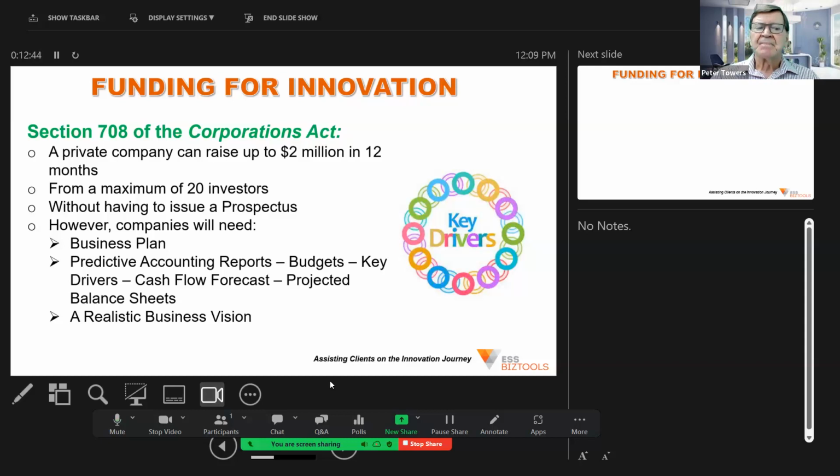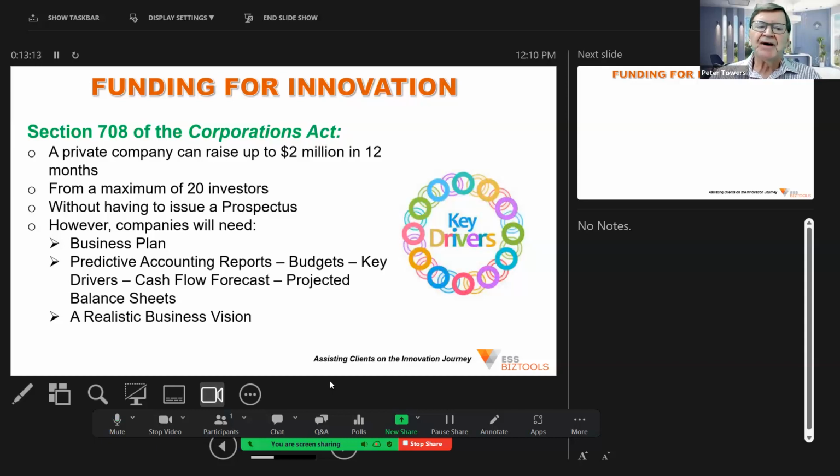A private company can attract up to 20 investors in a 12-month period, the maximum contribution of $2 million without issuing a prospectus, unless those investors are sophisticated investors. Some of these rules don't apply, but I've drafted these on the basis that your clients might be dealing with retail investors.